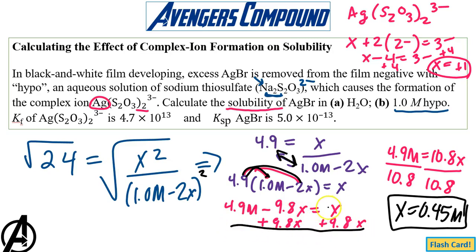Once I isolate x, remember there's a 1 in front of it here, I get 4.9 is equal to 10.8x. I'm going to divide by 10.8 so that I can again isolate x on its own. Now I have 4.9 molar divided by 10.8, and therefore my x value, which is going to be the solubility of AgBr, is 0.45 molar, folks.